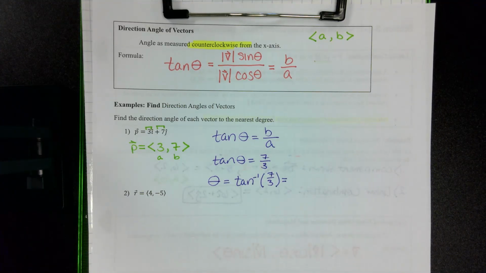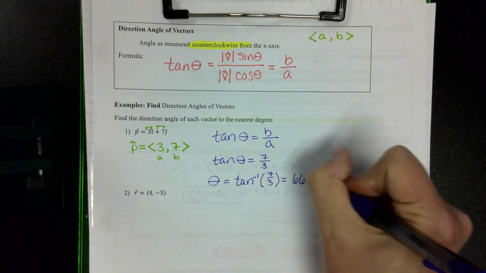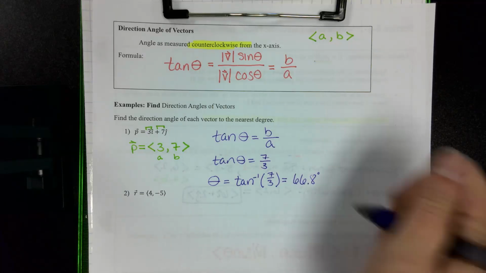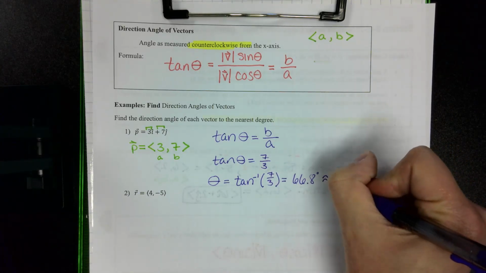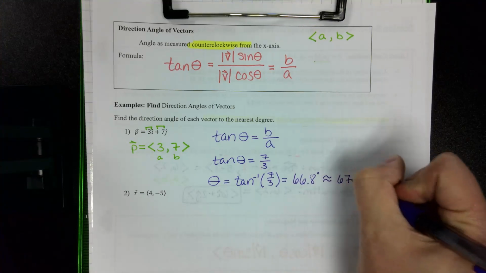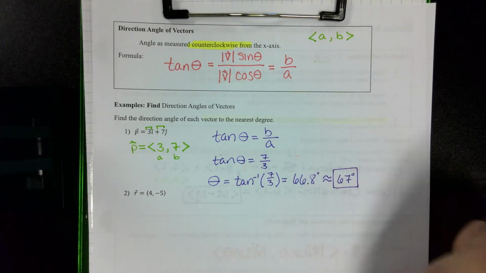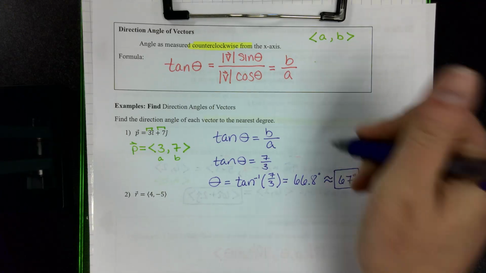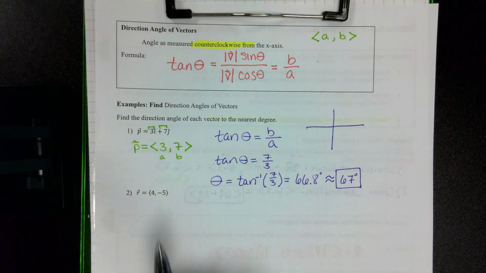Inverse tangent of 7 over 3, and you get 66.8, which we're going to round to a whole number. Rounding to the nearest degree, it's about 67 degrees, because that 8 tells the 6 to go up. 67 degrees.